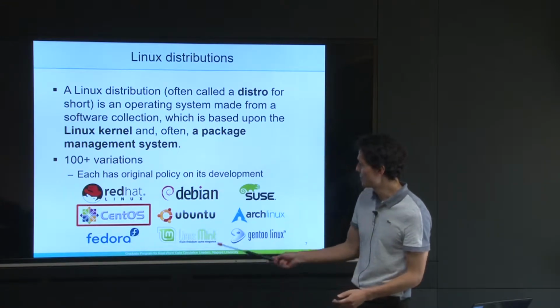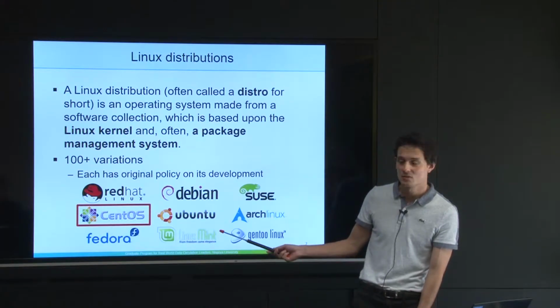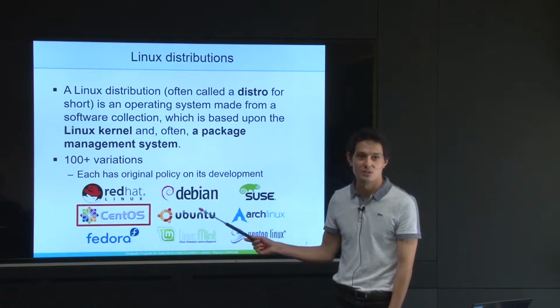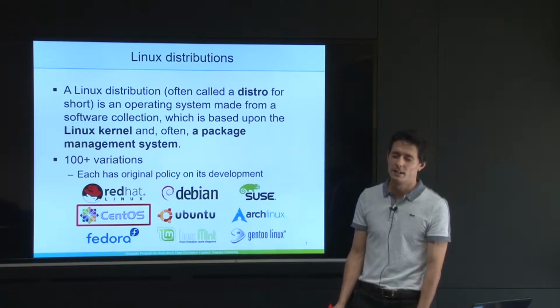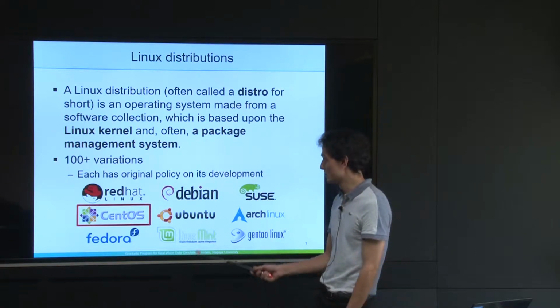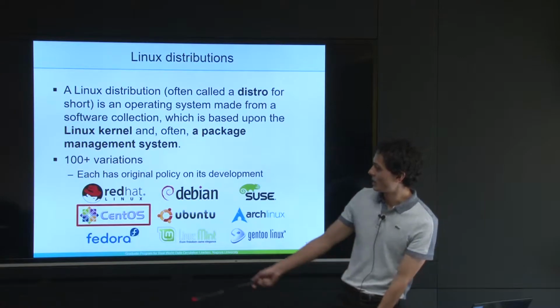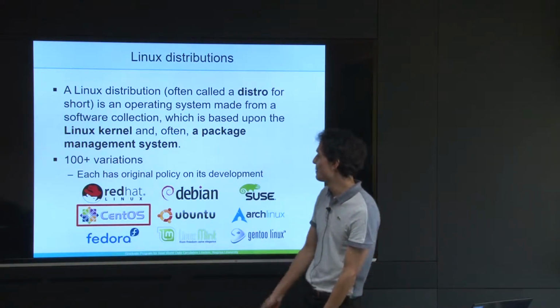For example, Linux Mint became the most popular one recently, I think, because it's very easy to use. Ubuntu is still the most widely used because it's used on a lot of servers and a lot of IoT, so Internet of Things projects. Ubuntu is very widely used. I actually come from a Fedora background. That was my operating system of choice.